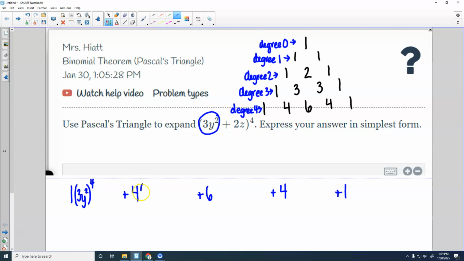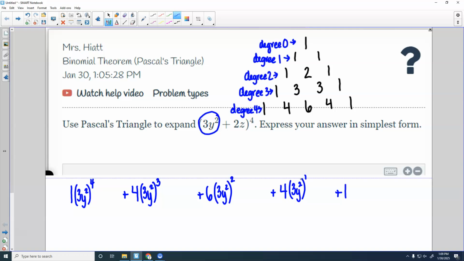And then the next one will have 3y squared to the 3rd power. And the next one will have 3y squared to the 2nd power. This one will have 3y squared to the 1st power. The last one, it would be to the 0 power. You won't have a 3y squared at all with the last one.